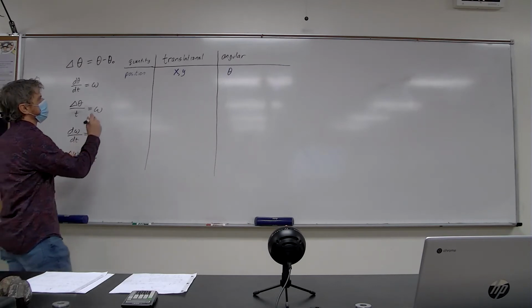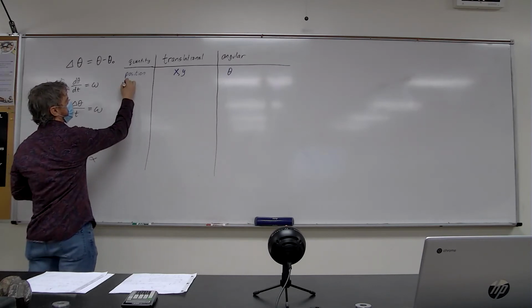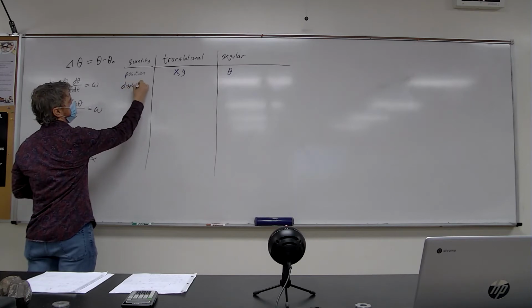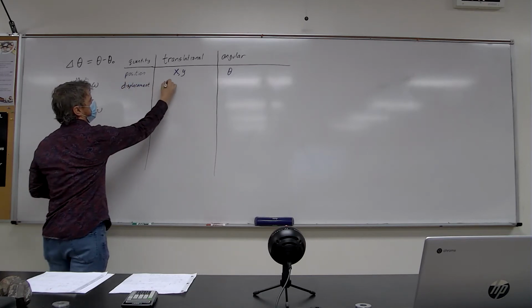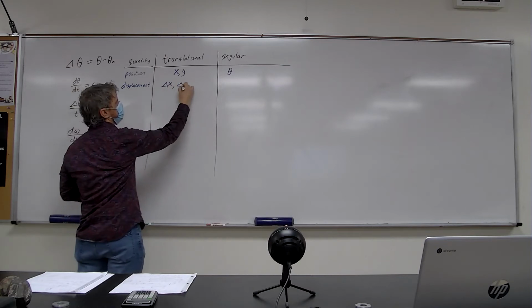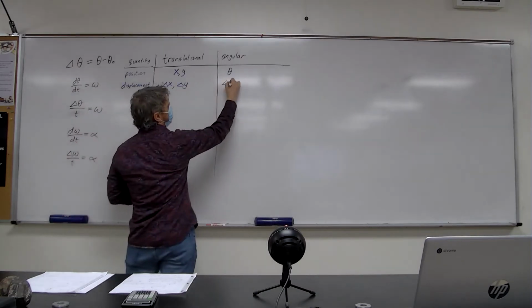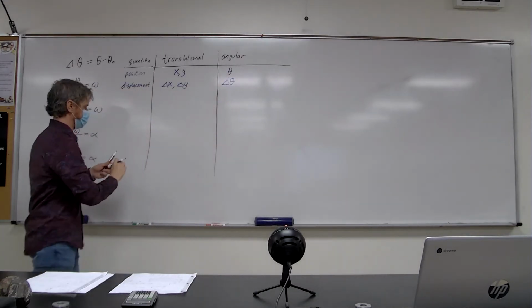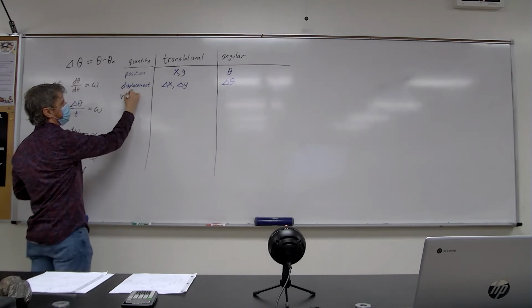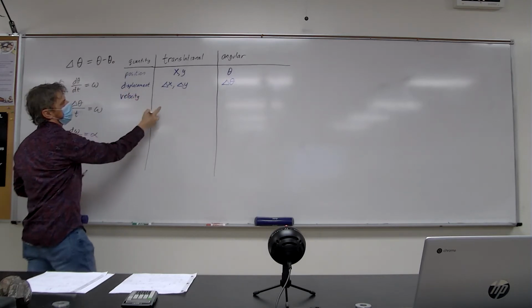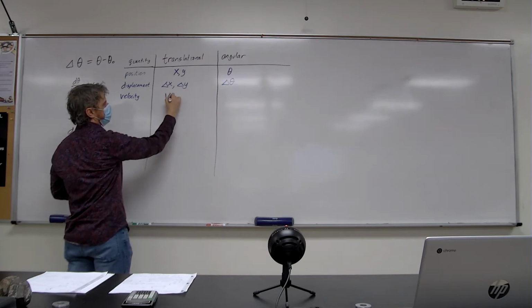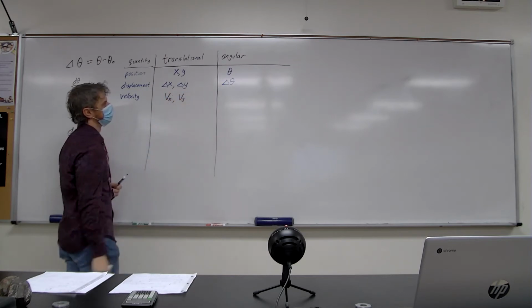So that's positions. If we're talking displacements, that's just our delta x or delta y. For angulars, delta theta. If we're talking velocity, translational velocity is v in the x direction, v in the y direction.